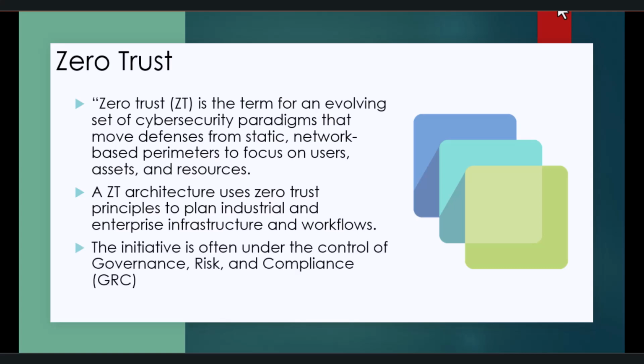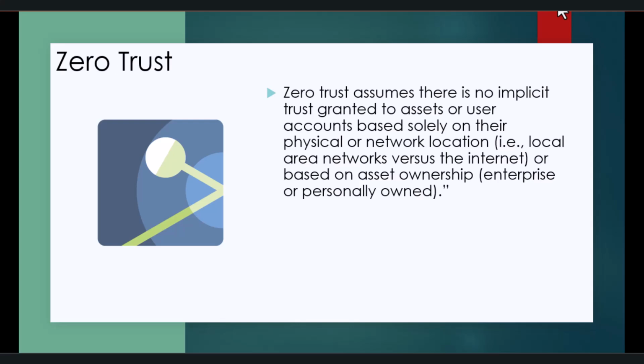On the exam, remember the initiative is often under the control of GRC, Governance, Risk, and Compliance, which could be a group, a team, a steering committee, or some other board. Zero Trust assumes there's no implicit trust granted to assets or user accounts based solely on their physical or network location.